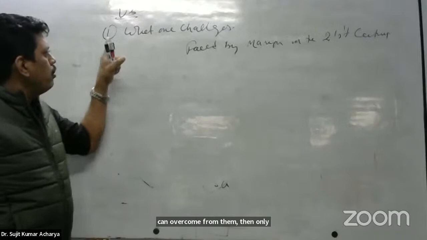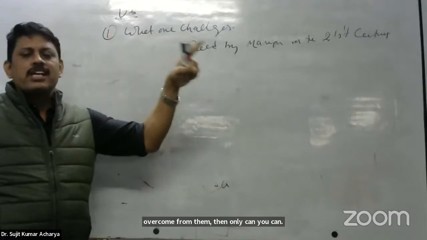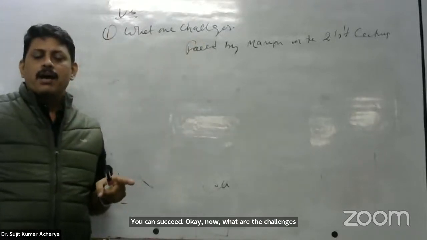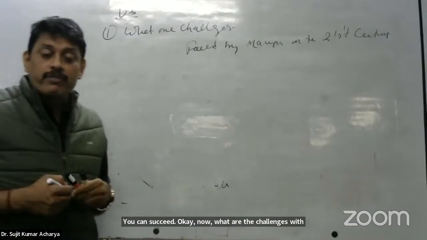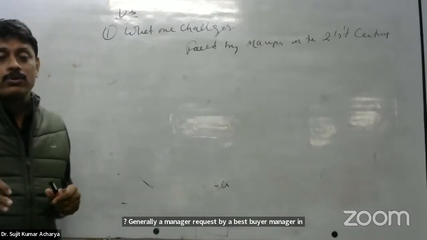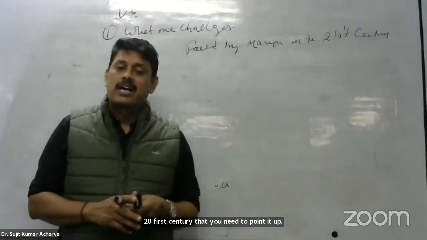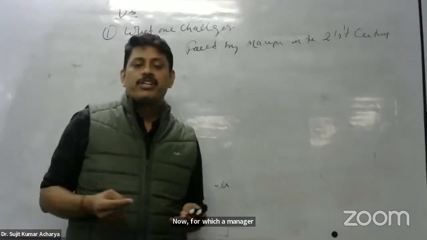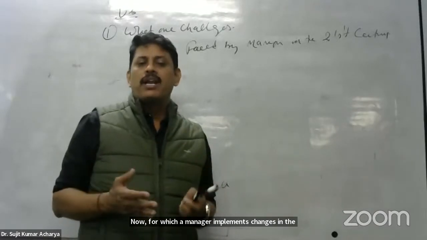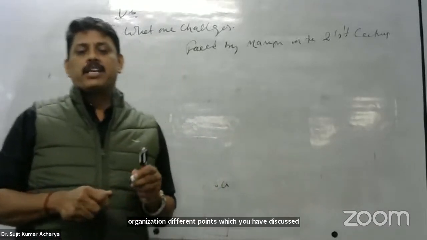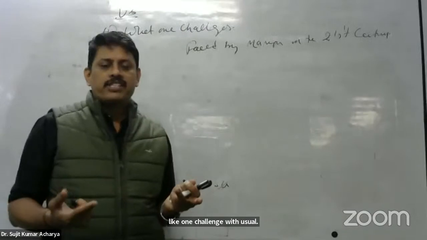Okay. Now, what are the challenges generally faced by a manager in the 21st century, that you need to point out, for which a manager implements changes in the organization. One challenge which a manager usually faces is competition.